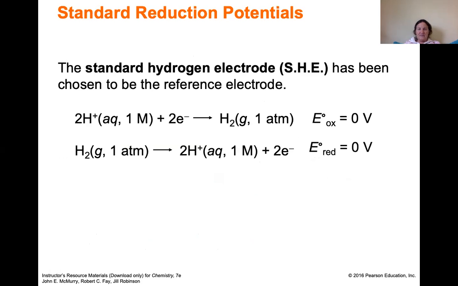Okay, so that's been chosen as the reference. We say that under standard conditions, where H+ is 1 molar and the hydrogen gas is 1 atmosphere, it wouldn't matter which way you're going, they'd both be 0. So whether it's the oxidation in your cell as you set it up, or the reduction, we'll set that to be 0.